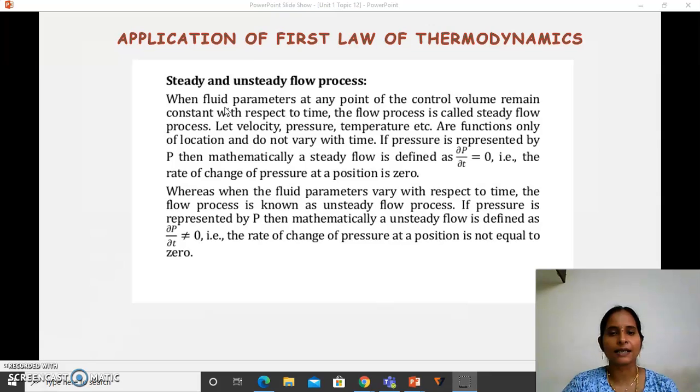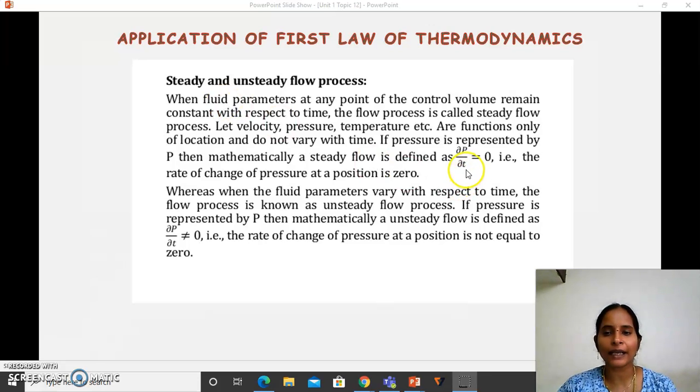That is, during the time in which that particular process happens, they will not change with respect to time. Of course they would change their velocity and pressure depending upon the place, but they will not change with respect to time. So this is the process called steady flow process.